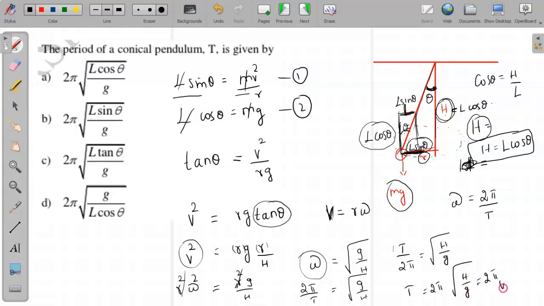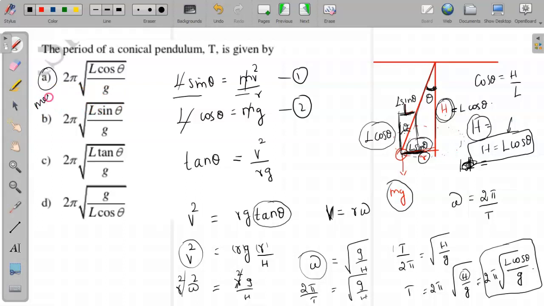And h, I told you to remember, is L cos theta. So this is the formula. So the option is 2 pi square root L cos theta by g.